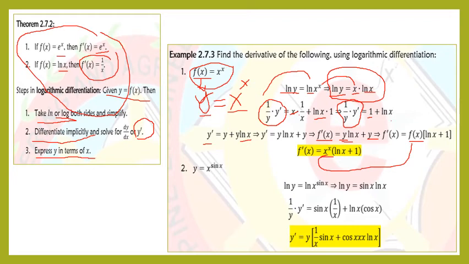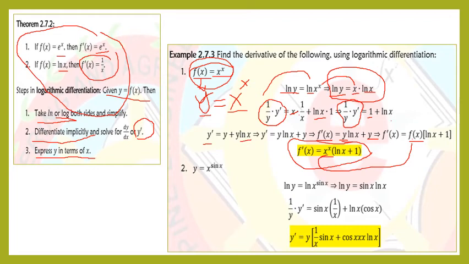Sa second term, pag pinactor out si y, we left with 1. So, ibig sabihin, si variable y, pinalitan lang siya ng f of x kasi equal lang man yun. And then, sa final answer natin, si f of x, naging x to the power of x. Kasi ang equivalent ng f of x natin is x to the power of x, given siya. Okay, times ln of x plus 1. So, this is the derivative of the f of x equals to x to the power of x.